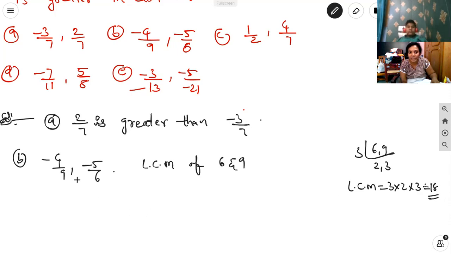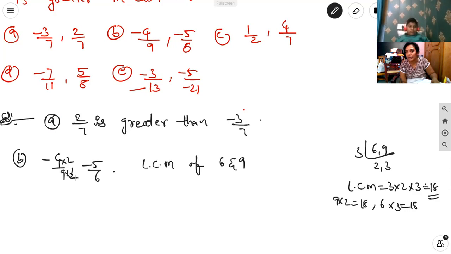So we can convert unlike fractions into like fractions. We know that 9 2s are 18, 6 3s are 18. If 9 is in the denominator, we multiply numerator and denominator with 2. If 6 is in the denominator, multiply numerator and denominator with 3.